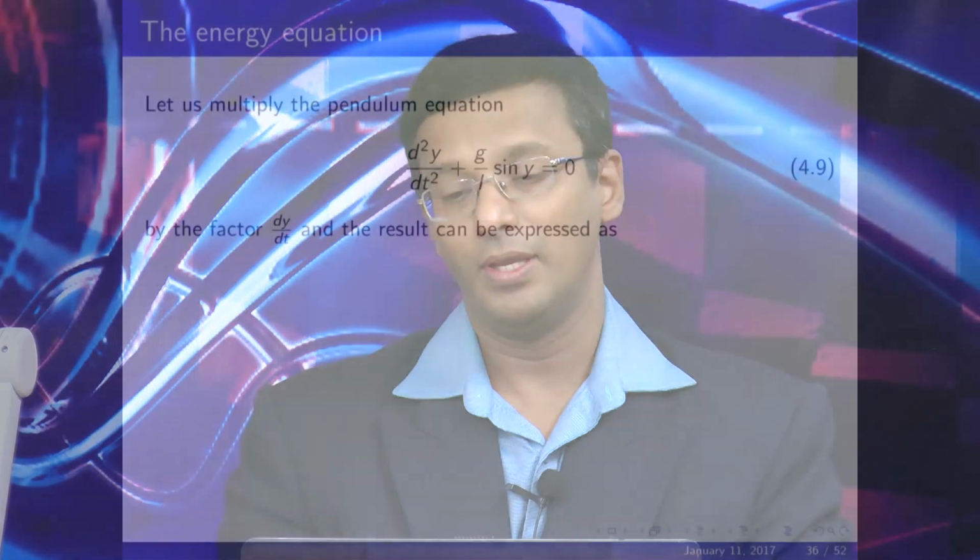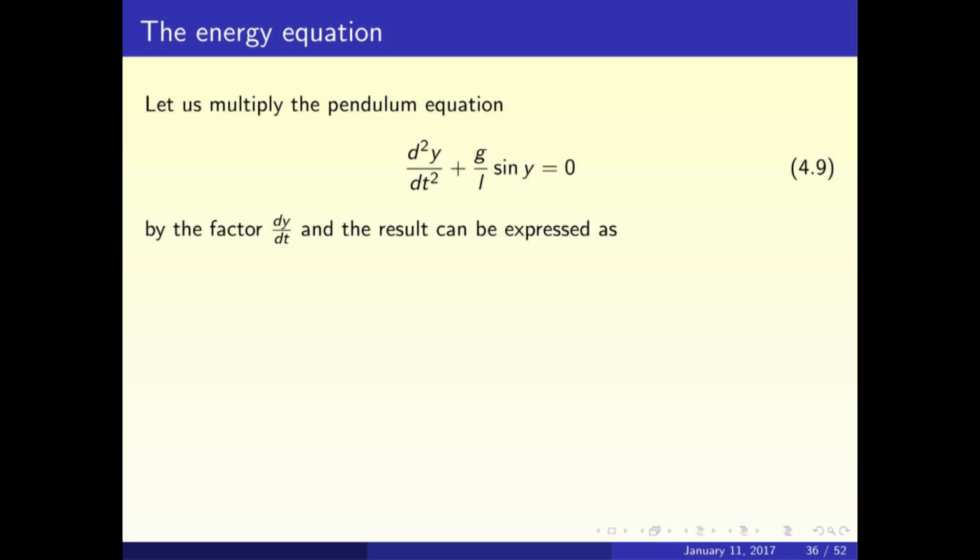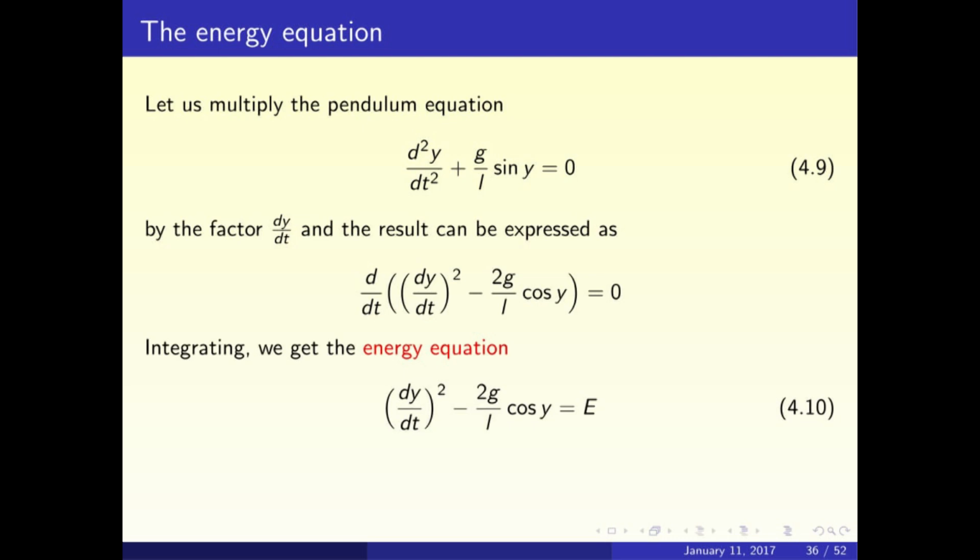Look at the next term, sine y into y dash. How do you get sine y into y dash? You differentiate minus cos y. If you differentiate minus cos y, you will get exactly sine y into y dash. So when you multiply the differential equation 4.9 by y prime, the left hand side of the equation becomes an exact derivative.